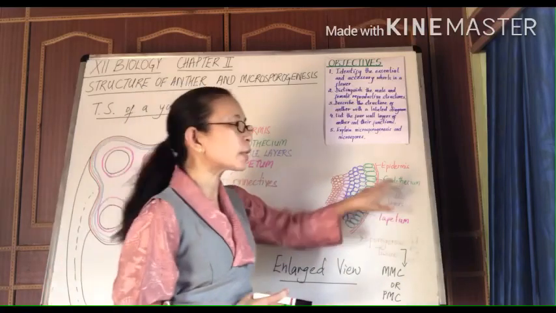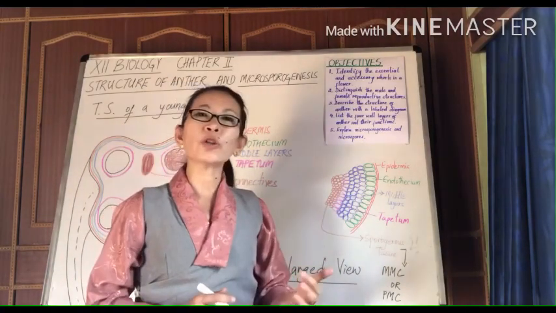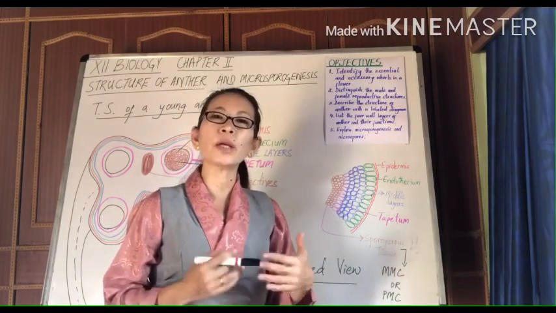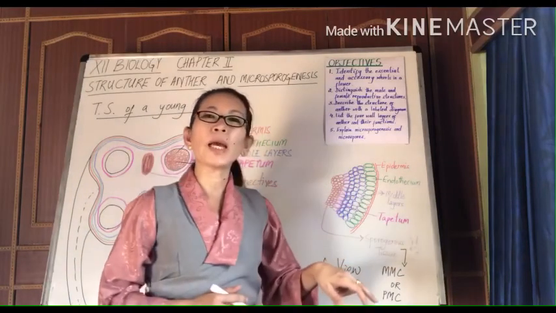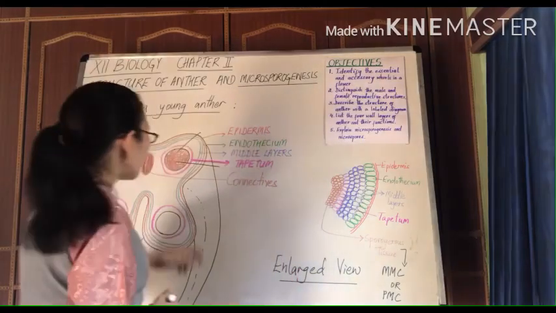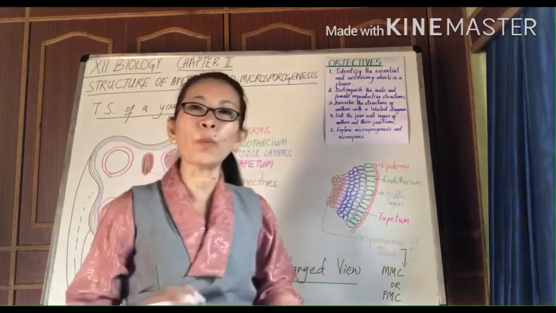So they are protective, and later, as the pollen grains have matured and are ready to be released, these outer 3 layers also help in anther dehiscence. We said an anther has a line of dehiscence from which it breaks open, right?